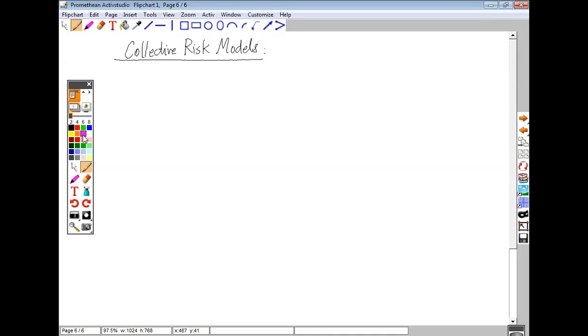So can someone remind me the way I should be writing my S here? What should be my subscript here? Capital N, right? And if my capital N is 0, then my S will be 0 again.